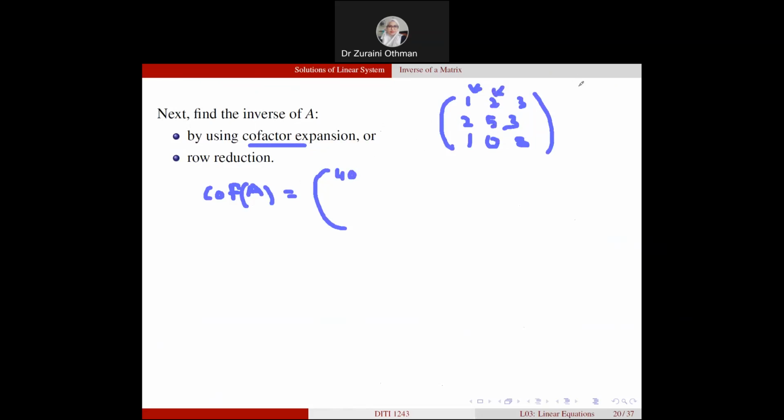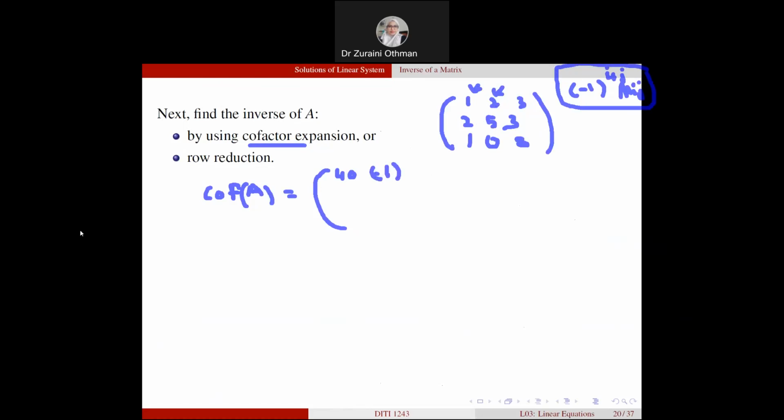Ini ialah cofactor. Yang previously kita kira -1 kuasa I plus J M I J. Yang ni, how to calculate a cofactor yang lecture 2 tu. Okay, so now the second element is -1 sebab -1 kuasa 3. Okay, -1 kali dengan, kita tutup yang ni, MIJ dia ialah 2 kali 8, 16. 16 tolak 3, so it is 13.